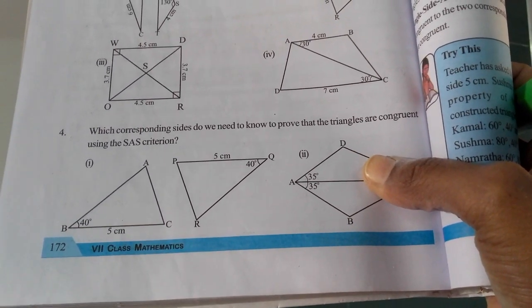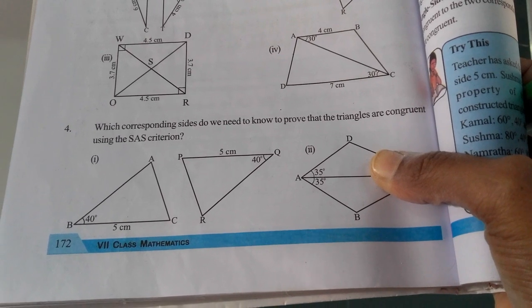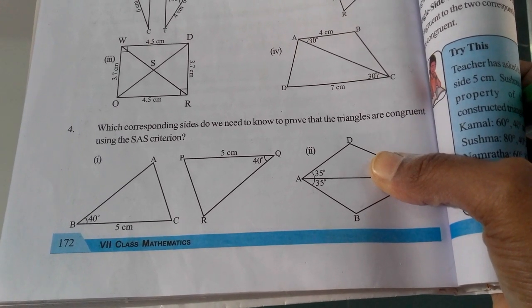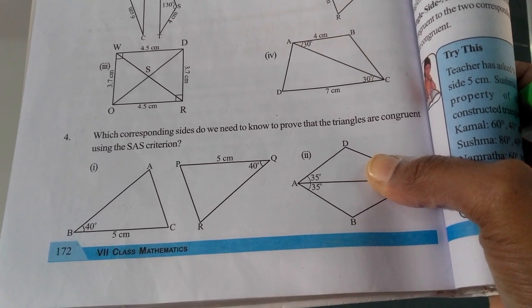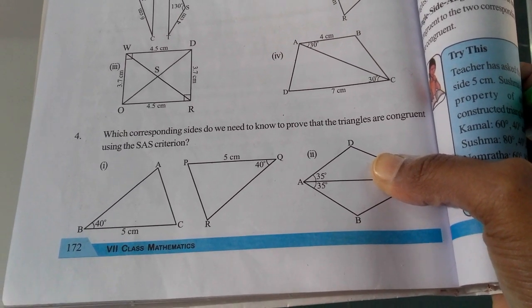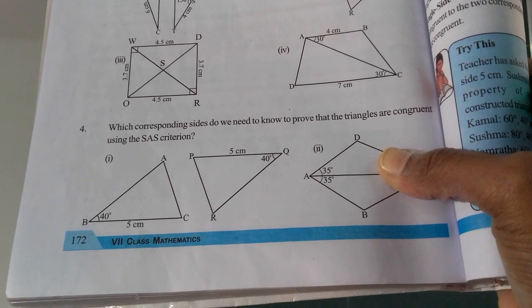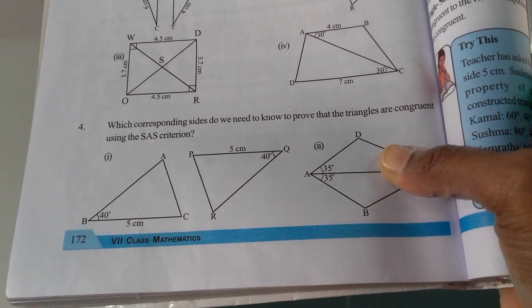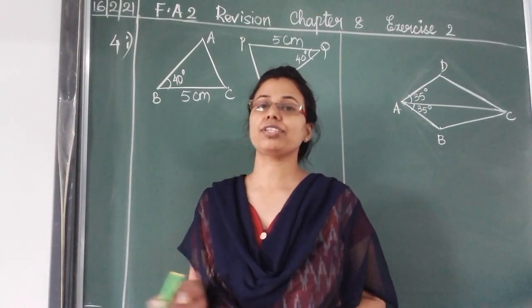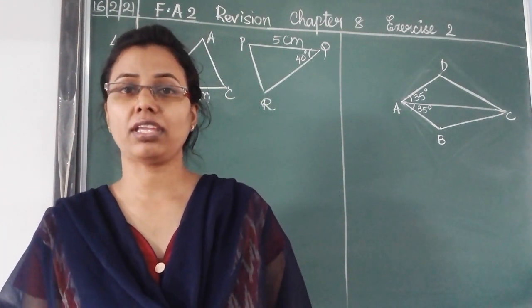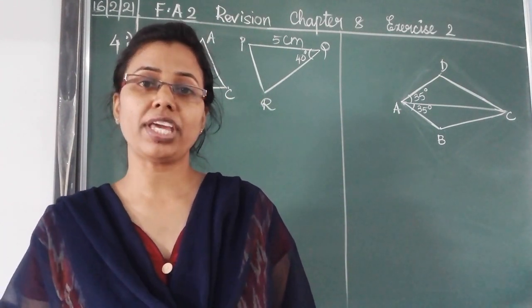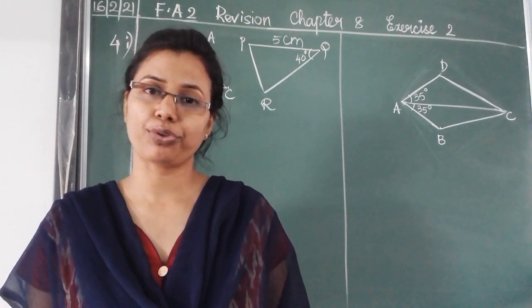Which corresponding sides do we need to know to prove that the triangles are congruent using the SAS criterion? This is the question given. So let us draw the figures. So here the figures are drawn, and now we are going to write what are the things which are needed to say that the triangles are congruent.